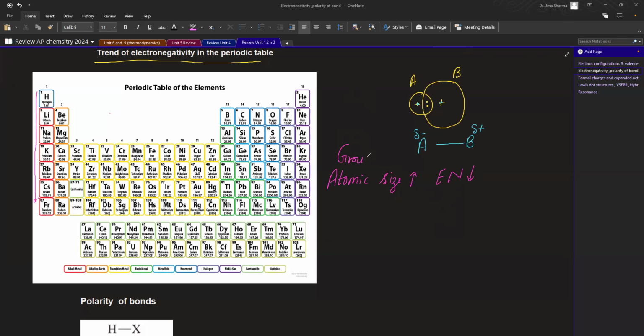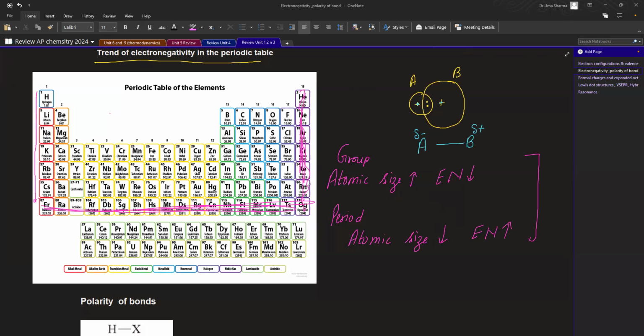Can you tell me what happens across the period? What happens to atomic size across the period? Atomic size across the period decreases. Electronegativity increases. Remember that.